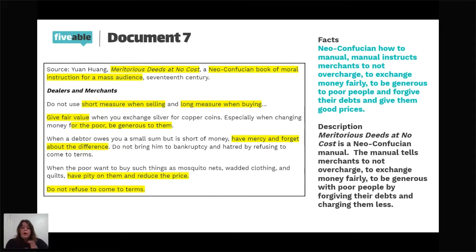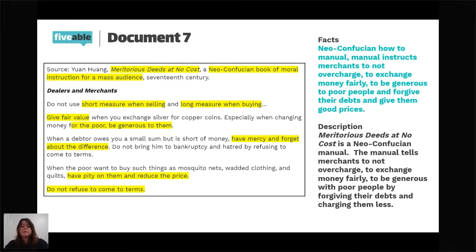All right, so what would my description be? Instead of saying document 7, I'm just doing the title of the book. Meritorious Deeds at No Cost is a Neo-Confucian manual. The manual tells merchants to not overcharge, to exchange money fairly, to be generous with the poor by forgiving their debts and charging them less.